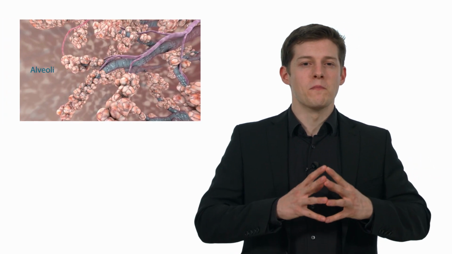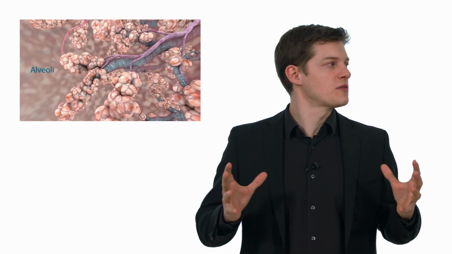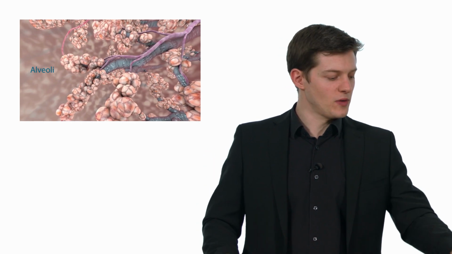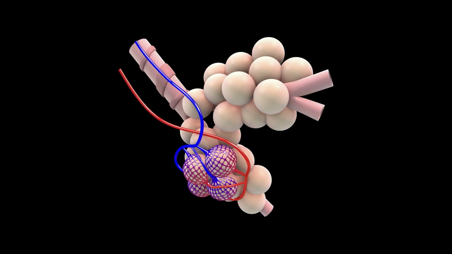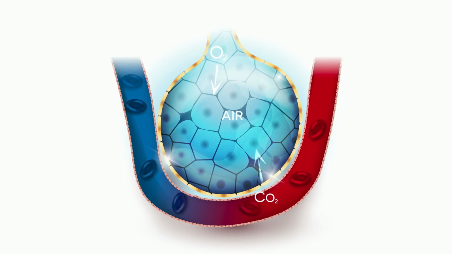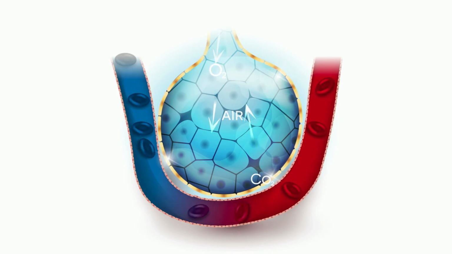What is actually happening? What is the pathophysiological substrate here? What we do have to understand is, as mentioned before, we have millions and hundreds of millions of alveoli. These alveoli have a capillary mesh around them, so approximately 70% of the surface of an alveolus is covered by capillaries. What do capillaries do and what do alveoli do?